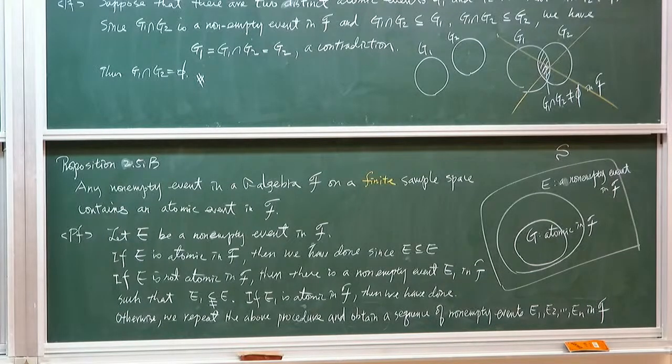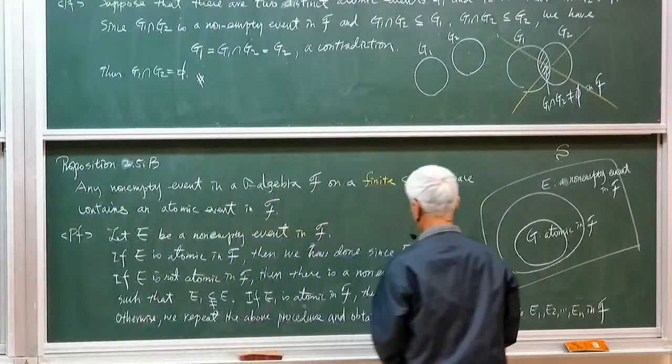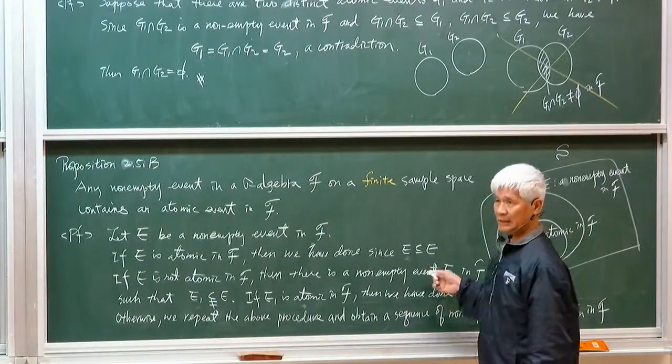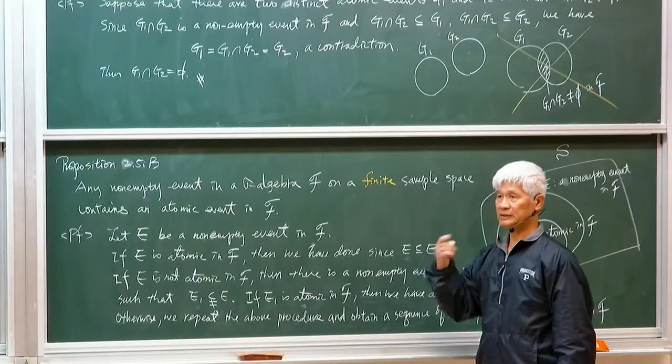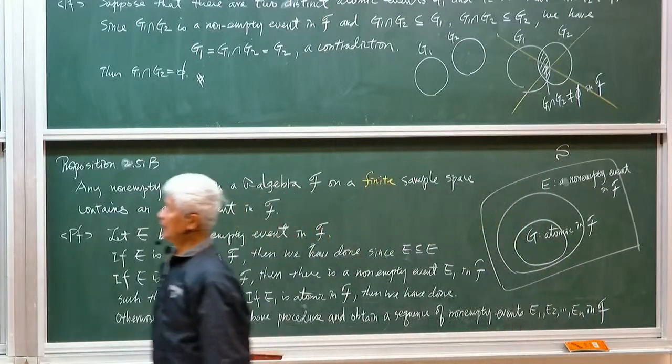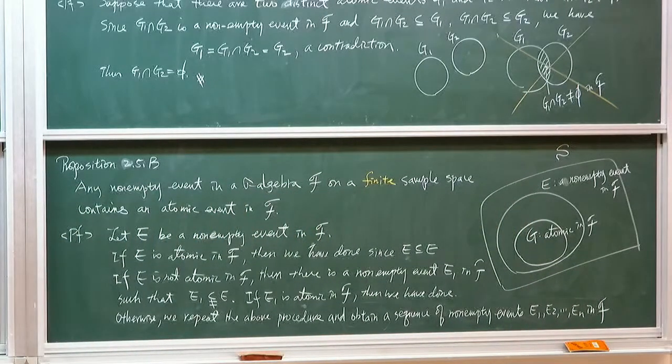It should stop at some time. When you stop at n, the En should be an atomic event. So the stopping criterion is that you find an atomic subset. This is the idea of the procedure. It's a very simple procedure. So you should stop at some n less than or equal to the size of E minus 1.